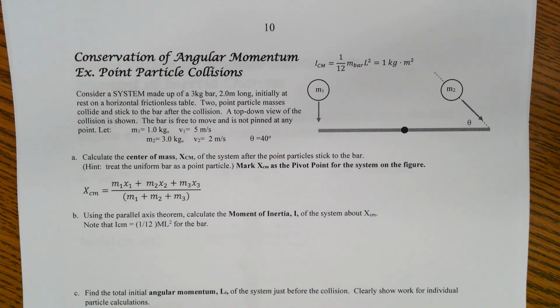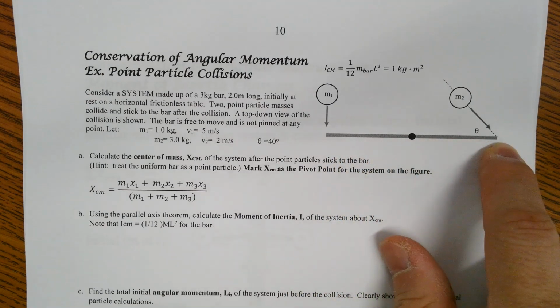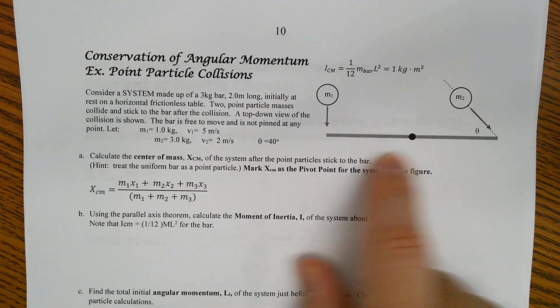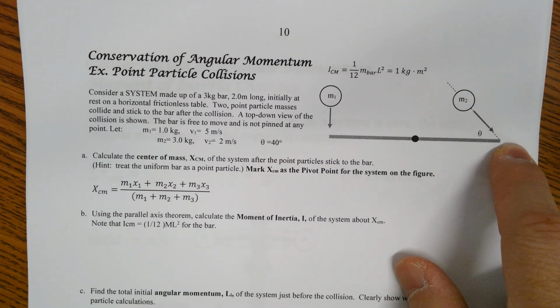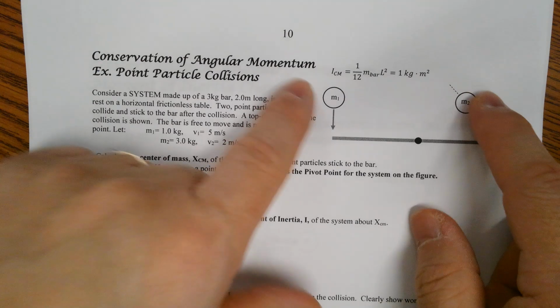Let's start with conservation of angular momentum. Example problem of point particle collision. Now you have to understand, if you consider a system with a bar here, and the pivot point is right here, and these two particles collide at the end of these bars, it's going to be like a war going on.